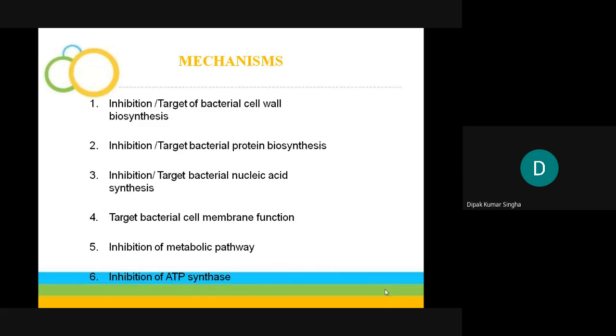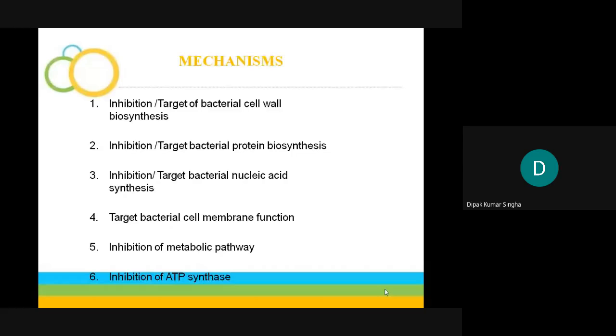And inhibition of the metabolic pathway. These four are the very basic common pathways, but another pathway is inhibition of the metabolic pathway. Living organisms survive by their metabolic pathways, say for nucleic acid synthesis.